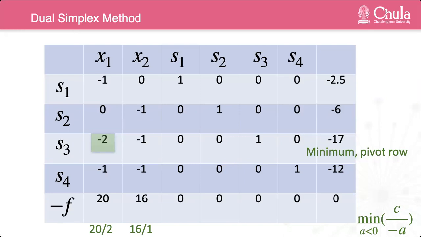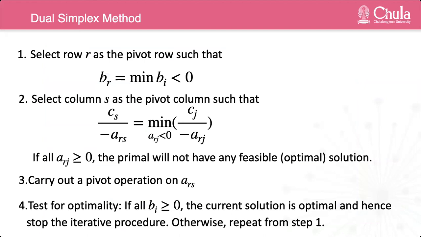So for the dual simplex method, we consider the minimum pivot. We find the minimum C over minus A, and the coefficient A must be negative. First, select the row as the pivot row such that B is the minimum and negative.